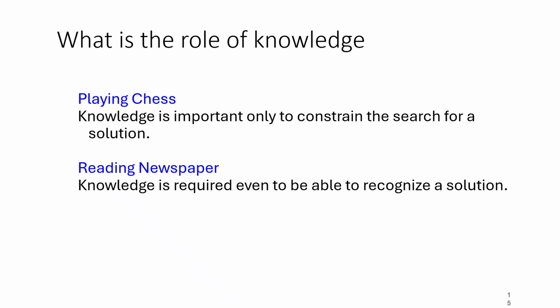The best example is medical diagnosis. Knowledge-based systems are faster and smarter, and weak methods are more general but slower. In the case of playing chess, knowledge is important only to constrain the search for a solution. For reading a newspaper, knowledge is required even to be able to recognize a solution.